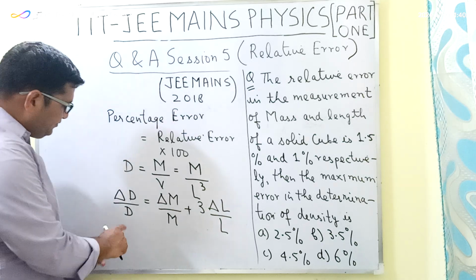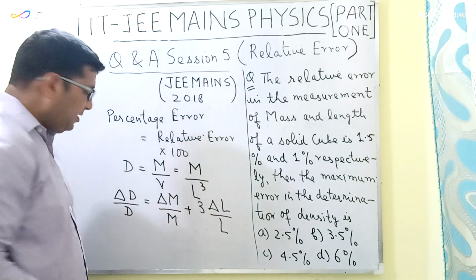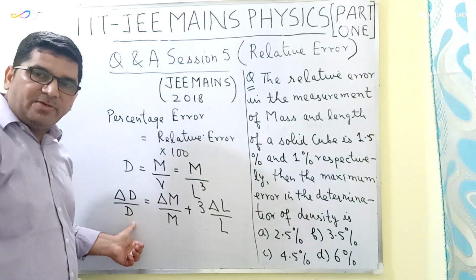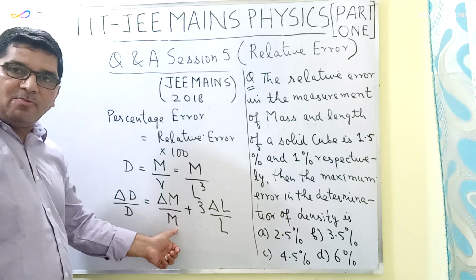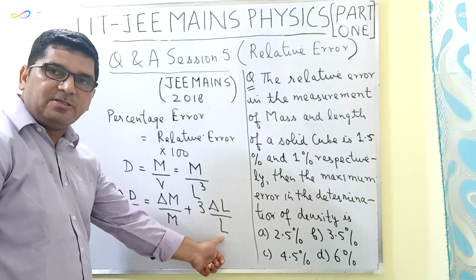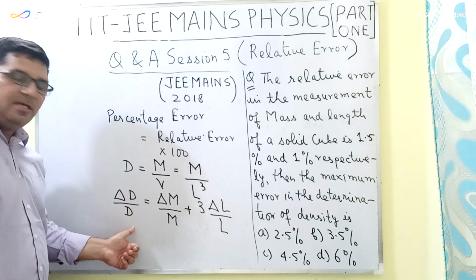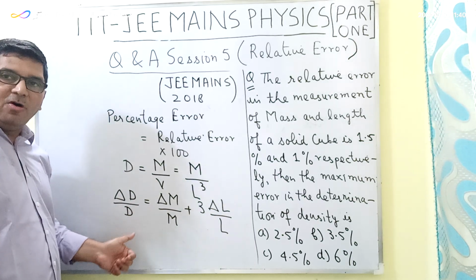So basically this D, M and L, these are the true values. So delta D upon D, this is called the relative error. Delta M upon M is the relative error in the measurement of mass. Delta L upon L is the relative error in the measurement of length, and delta D upon D is the relative error in the measurement of density.